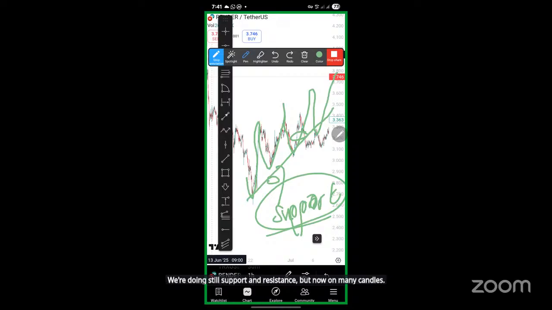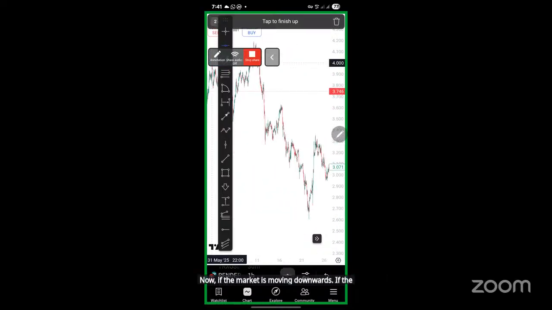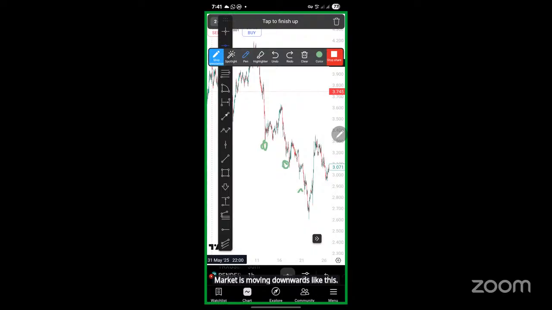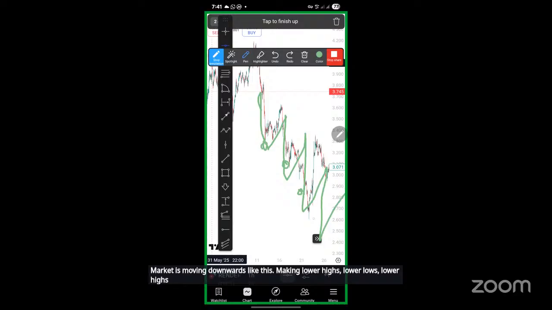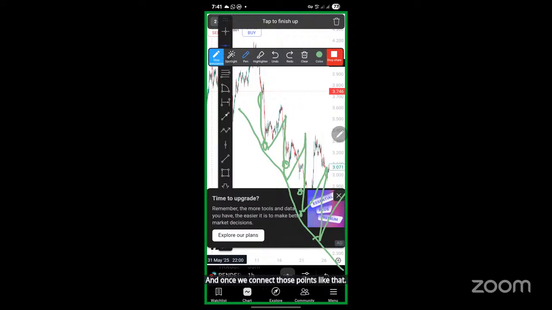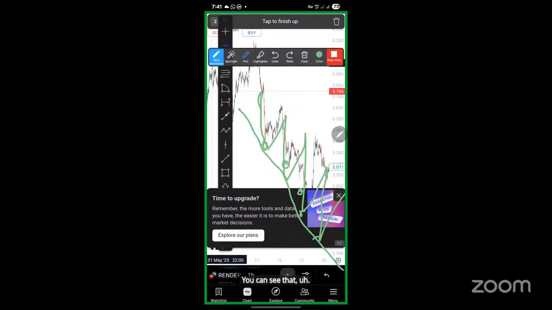Now, if the market is moving downwards like this, making lower highs, lower lows, lower highs, lower lows, we shall connect these points here like this. And once we connect those points, you can see that this is a support.